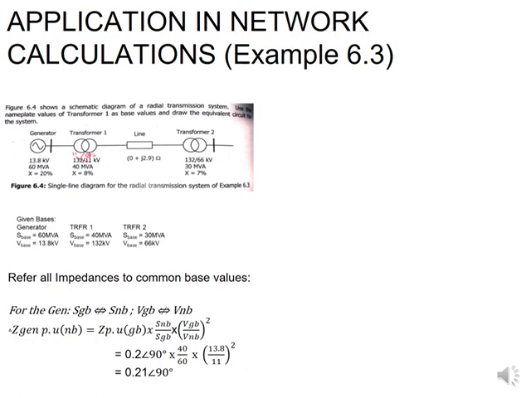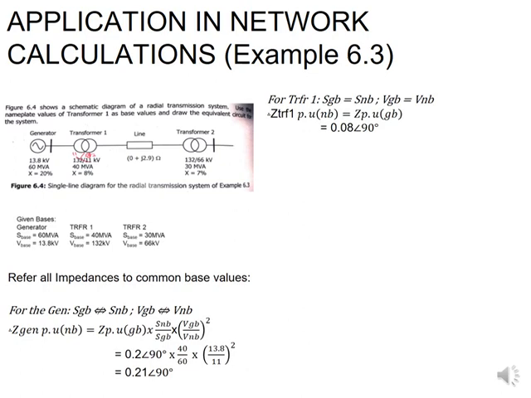And so therefore, we take the 20%, which is 0.2 per unit at 90 degrees, and I multiply by the 40, which is my new base, talking to your transformer 1 that we've been asked to utilize, and then I divide by my given base of 60 MVA, and I multiply that then by my voltages, because my given voltage base is 13.8, and then I divide by 11 and I square those, and that will give me an answer of 0.21 at 90 degrees.